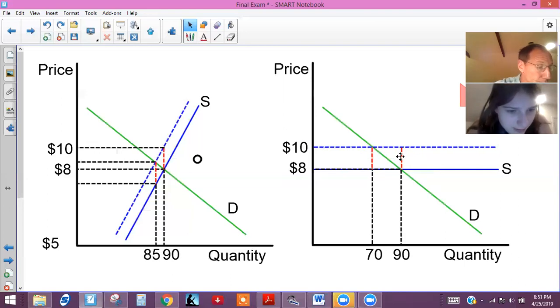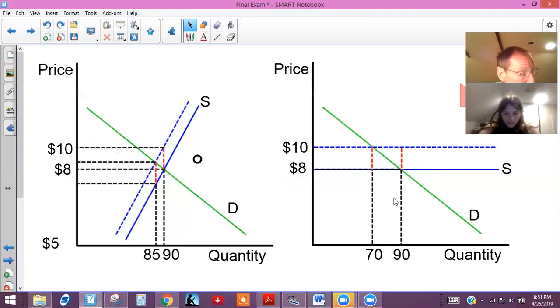It goes down. Right, because their average revenue is still $8, and their quantity dropped. So total revenue is average revenue times quantity, right? So that's going to drop. So you're right, their total revenue drops.